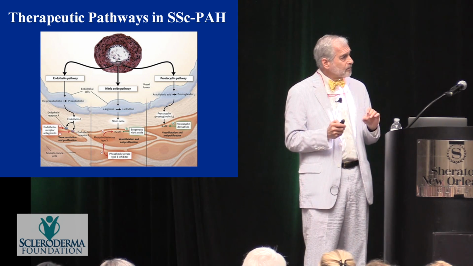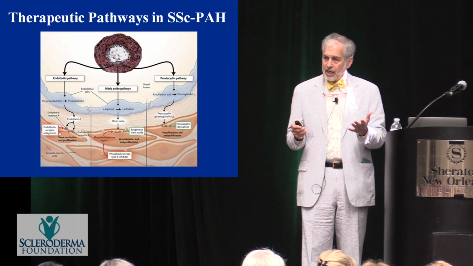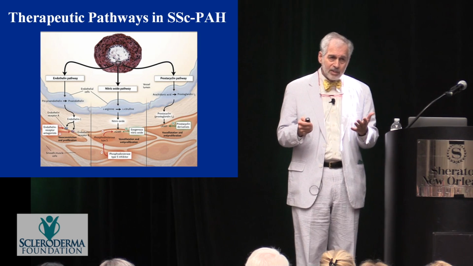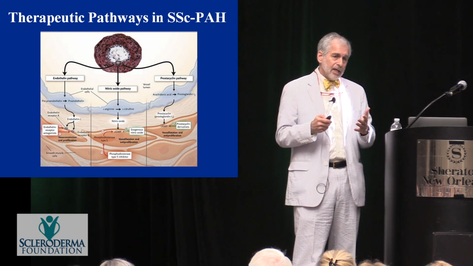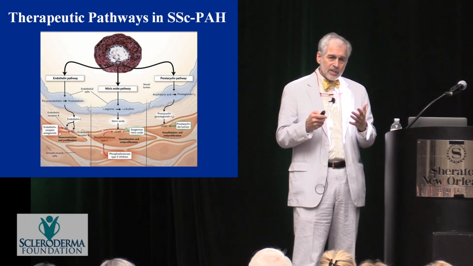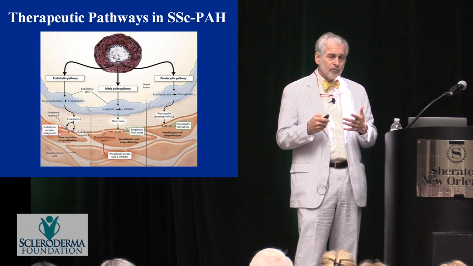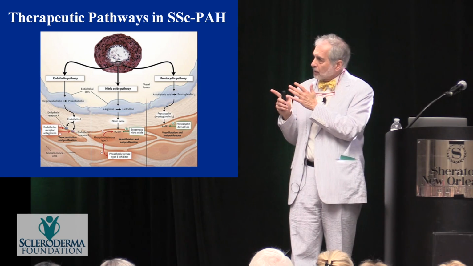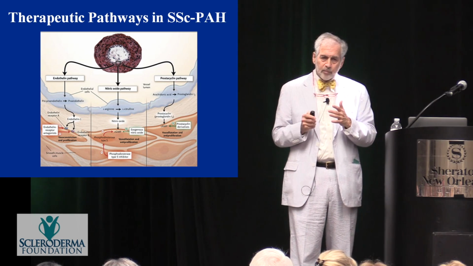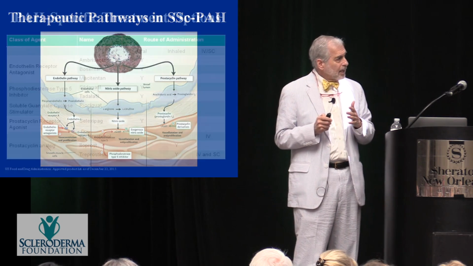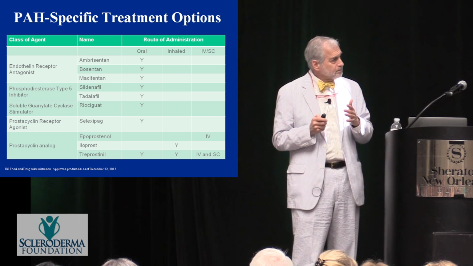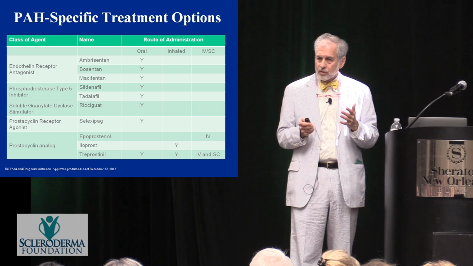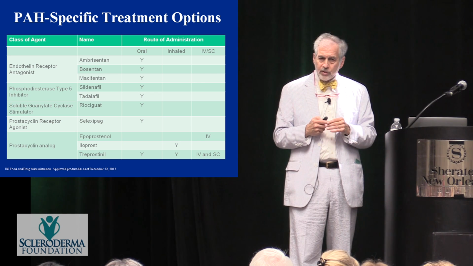And for our purposes today, the importance of knowing these pathways that have been worked out by basic scientists over the years is that the translational scientists and pharmacologists have developed drugs that are focused at each of these different pathways. And so now we have, I think, 13 different drugs for pulmonary arterial hypertension.